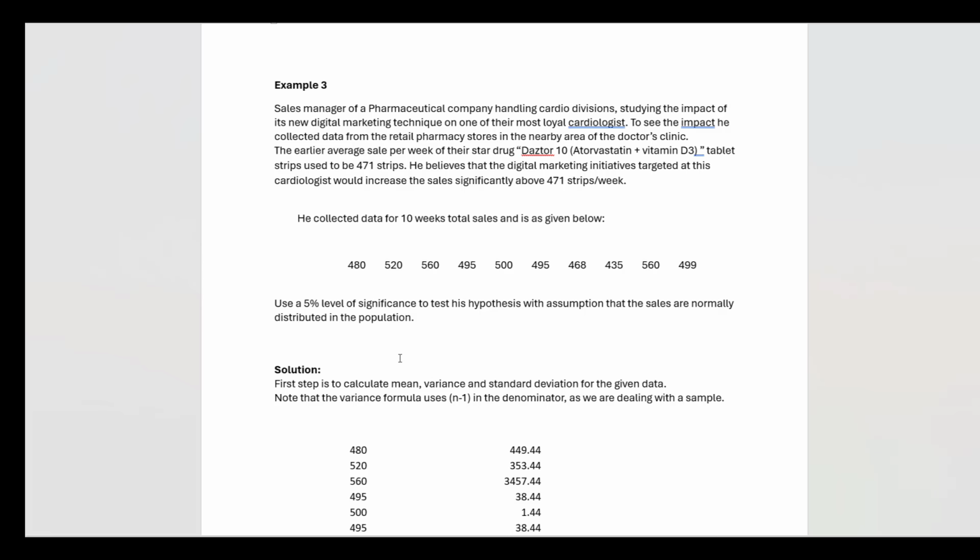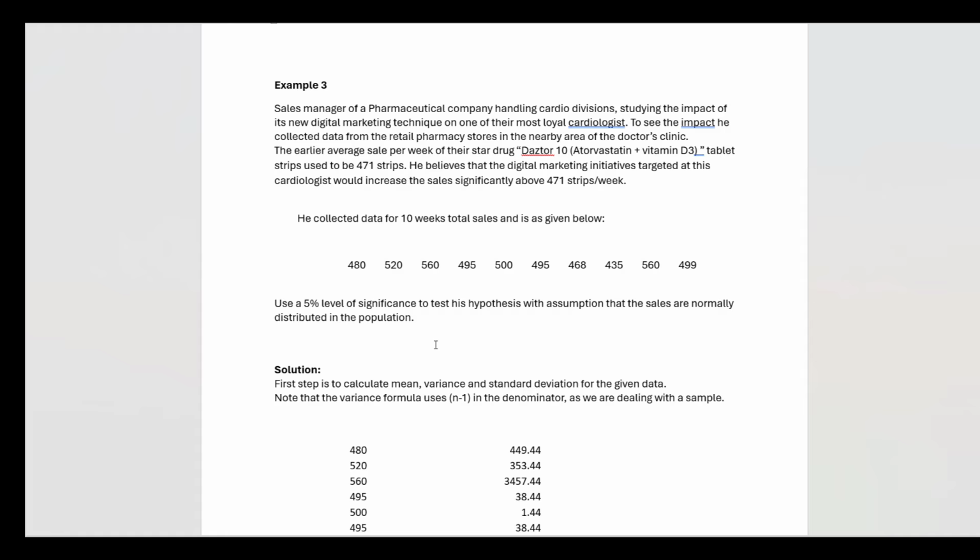The earlier average sales per week of this star drug, Dastor 10, the drug name, used to be 471 strips. And he believes that the digital marketing initiatives targeted at this cardiologist would increase the sales significantly above 471 strips per week.